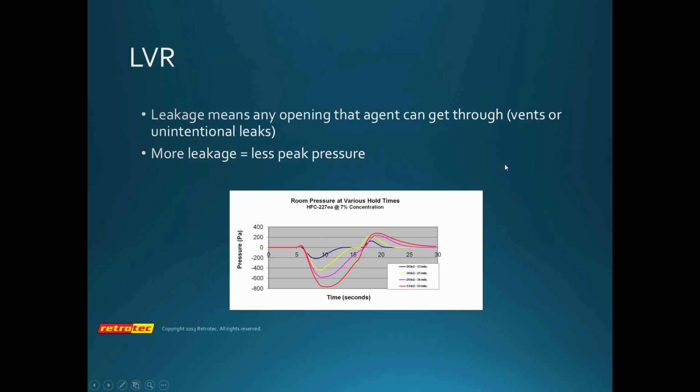So these peak pressures are all pretty much a function of the enclosure leakage. As the enclosure leakage doubles, the peak pressure more or less doubles, and it varies with the different agents. It's not a linear relationship. It's an odd power relationship, and each one of the agents has a different peak pressure formula.